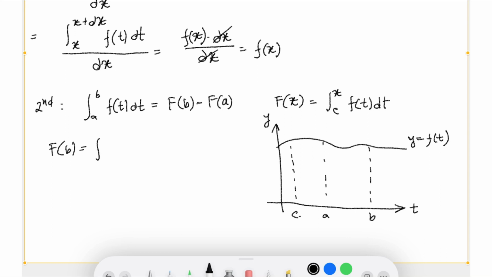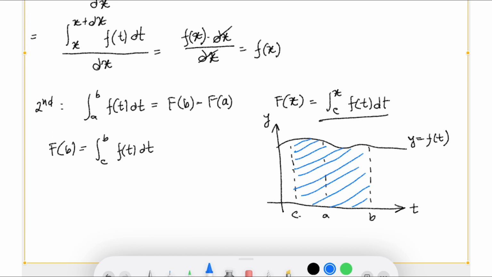Using our formula, we get that big F of b is the integral from c to b of f(t) dt, which is the integral from c to b, so that means the whole area, this one, is F of b. And F of a will be the integral from c to a of f(t) dt. So this guy will be from c to a.